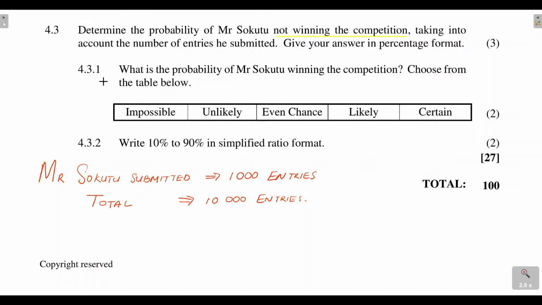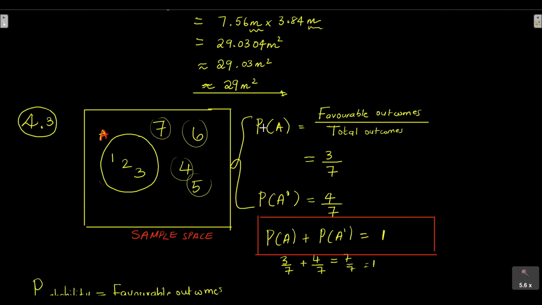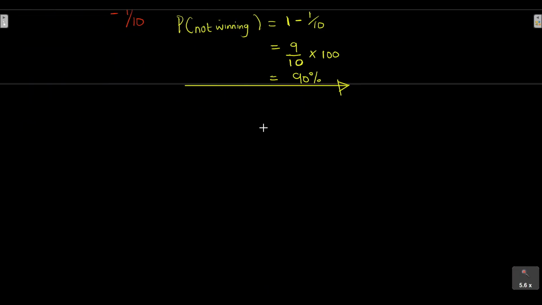Question 4.3.1 is, what is the probability of Mr. Sekutu winning the competition? Choose from the table below. So remember, in the previous question 4.3, we already calculated the probability of Mr. Sekutu winning the race.